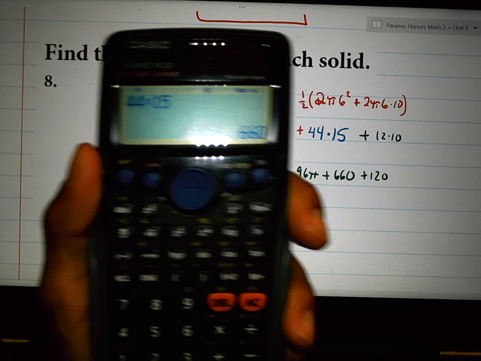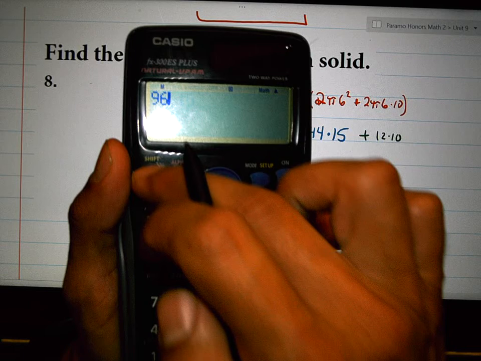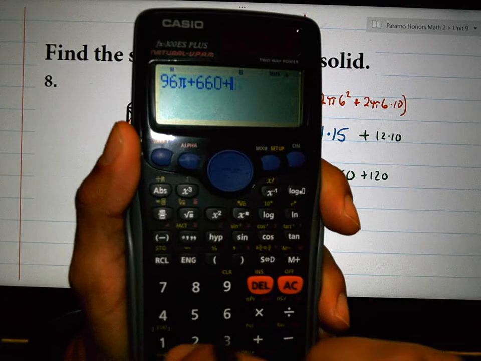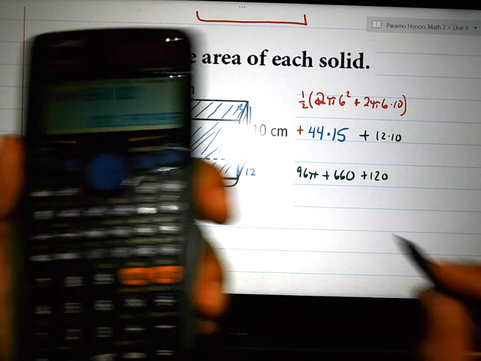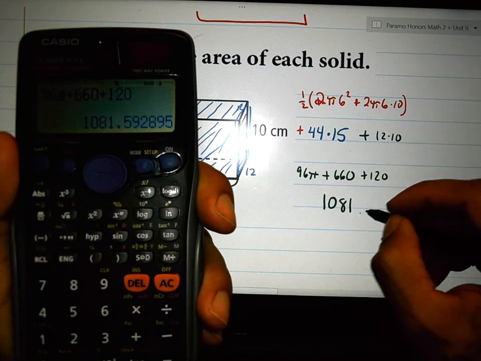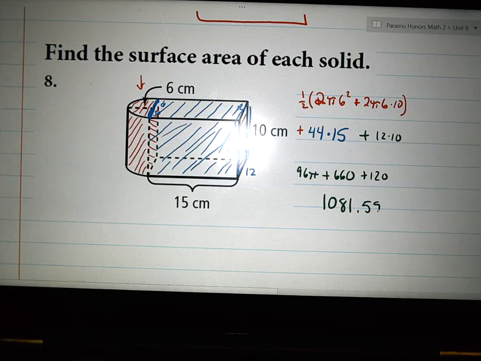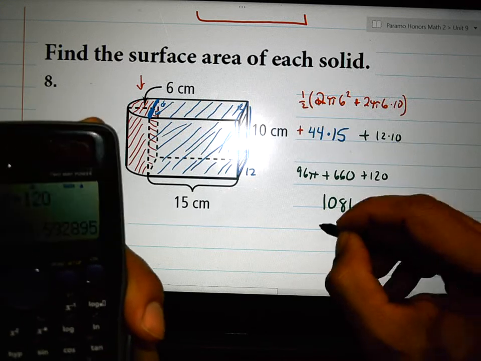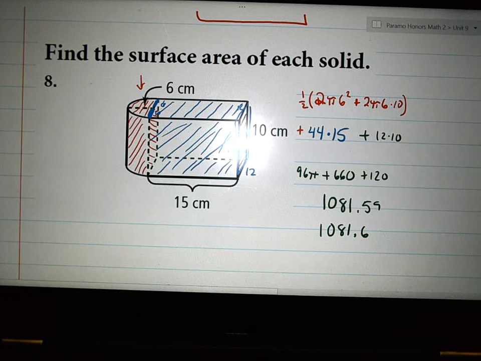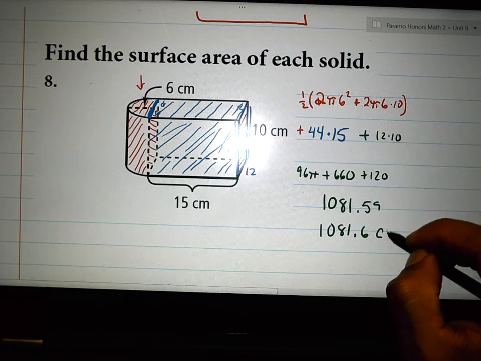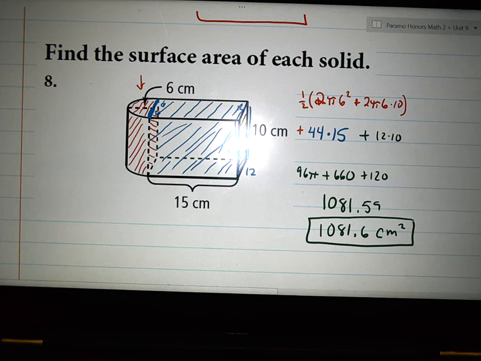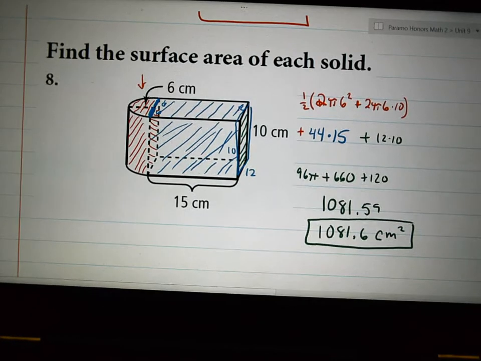So now I have 96 pi plus 660 plus 120, and I'm getting 1081.59. Does it tell me what to round to? No. So I'm going to round to the nearest tenth place here. And because we're talking about surface area, I use centimeters squared.